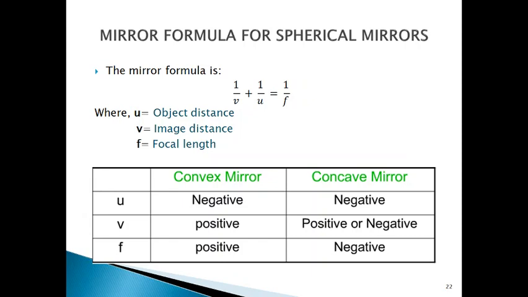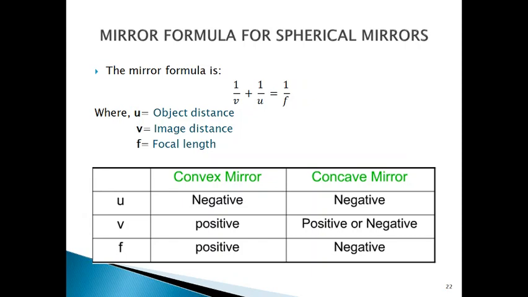Okay. So the formula goes like this: 1 upon v plus 1 upon u is equal to 1 upon f. And this formula is valid in all the situations for the spherical mirrors for all the positions of the object.